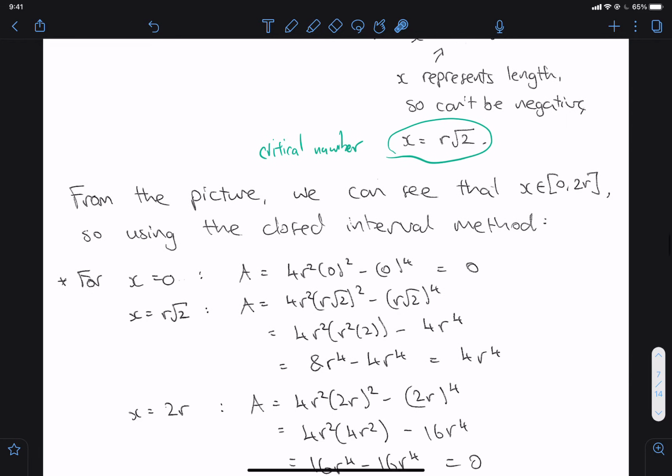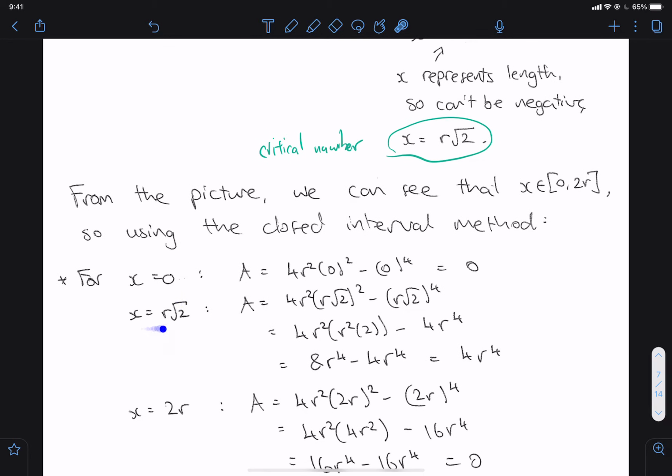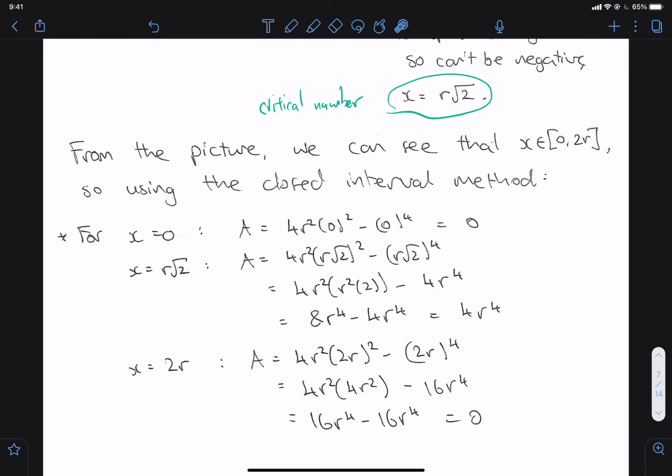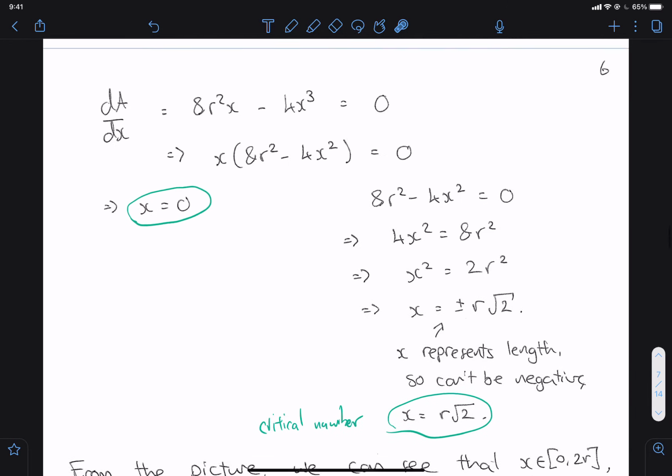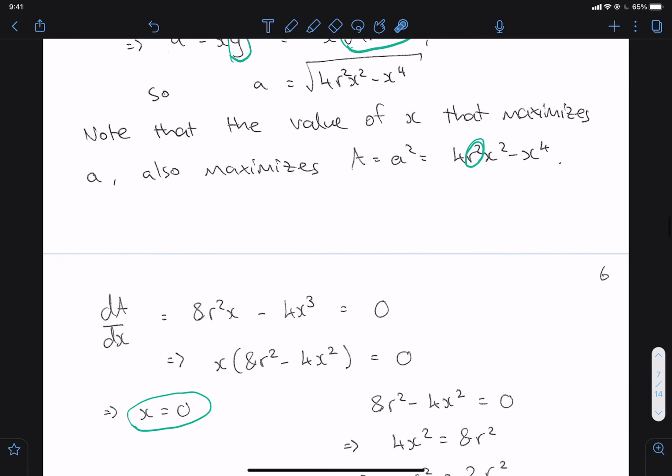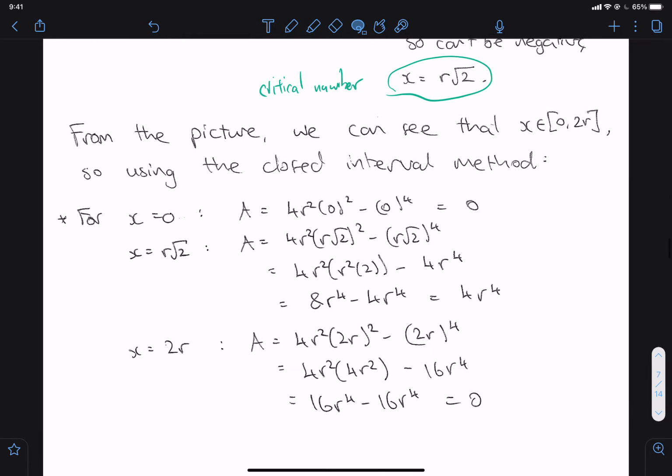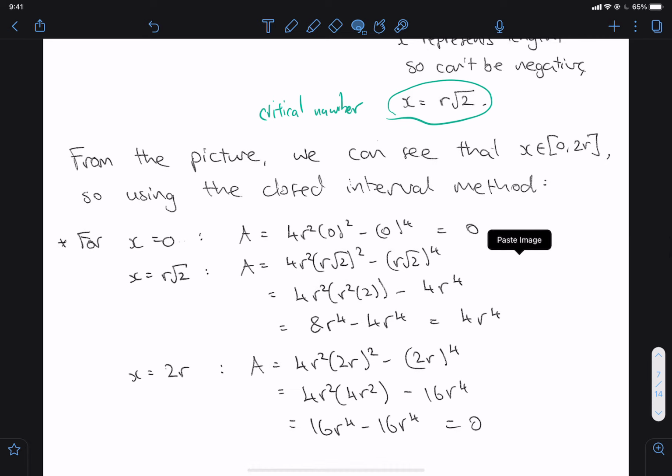So we're going to plug in critical numbers here and these two endpoints to the original function, the expression a, to test at which point we have the greatest value. Right? Keep in mind that our function a is this one. This is our function a. Gonna plug in this to test.